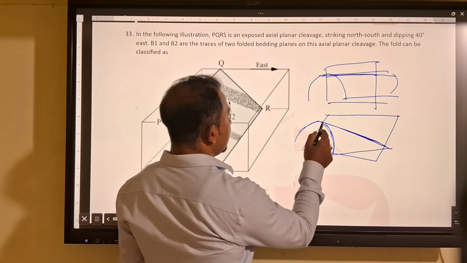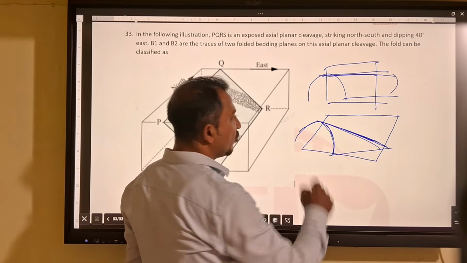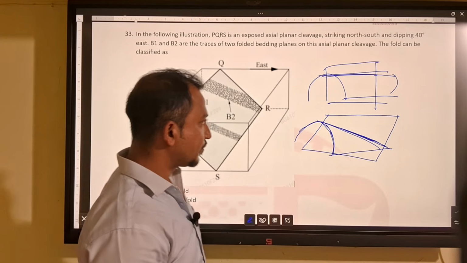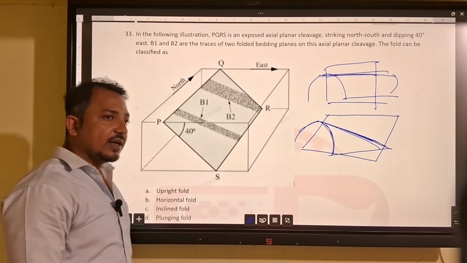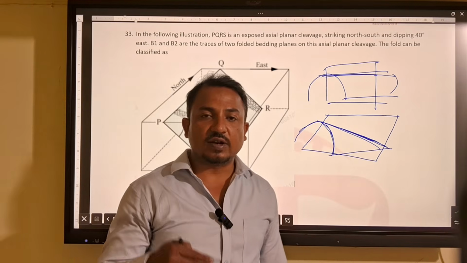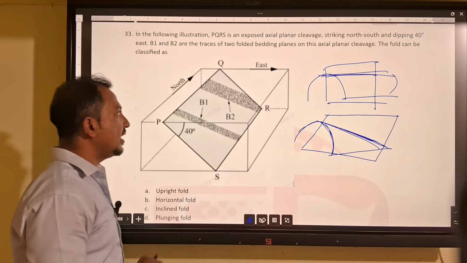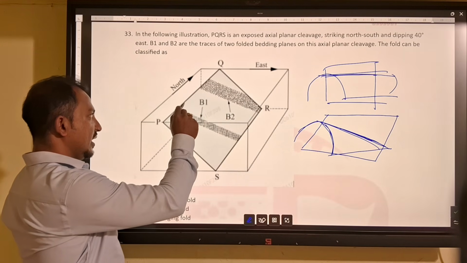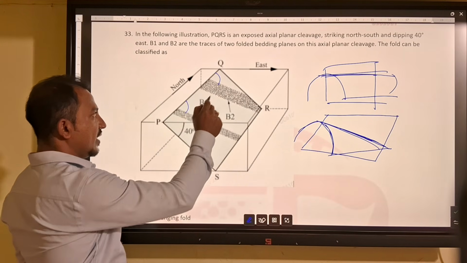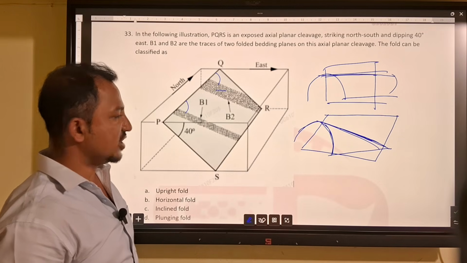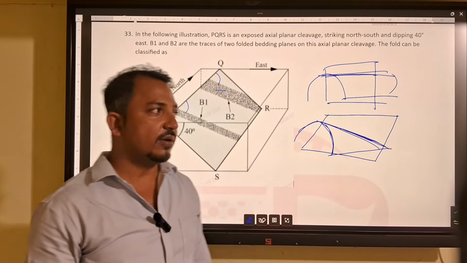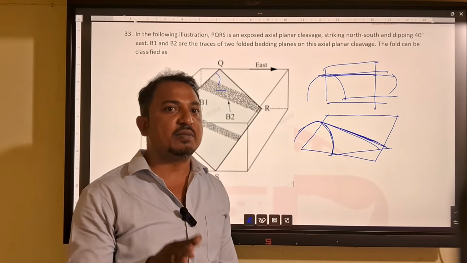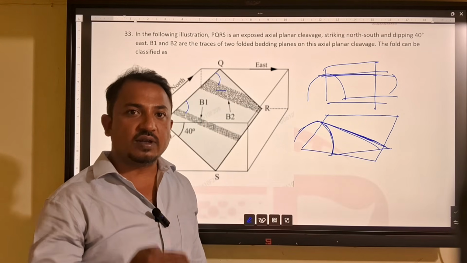If the trace is inclined to the strike of the axial plane, that means the fold is plunging. And as the axial planar cleavage follows the axial plane, any bedding trace that is inclined to the strike of the axial planar cleavage is also plunging. That means the fold is plunging, and the axial planar cleavage is inclined, that means the axial plane is inclined, that means the fold is inclined.